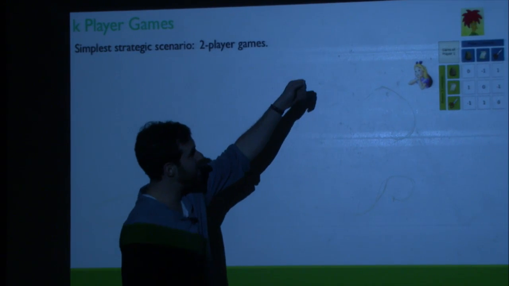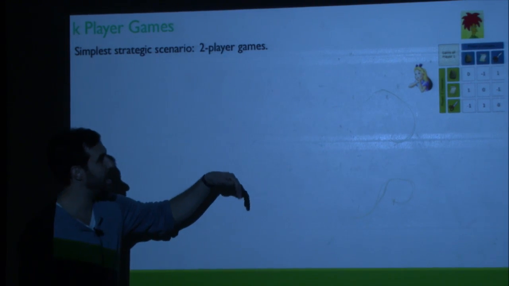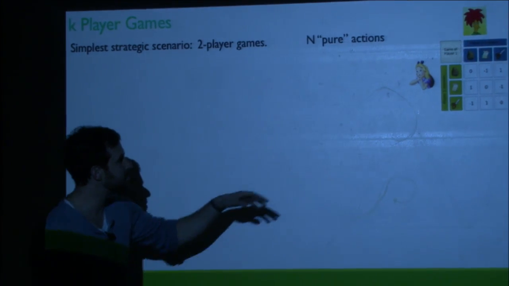or even two-player games, which is the absolutely simplest strategic scenario one can imagine. So a two-player game is just a game like rock, paper, scissors, or a two-bidder auction on eBay. In this game, two protagonists, Alice and Bob, are playing a game. Each of them has a set of n possible pure actions, so to speak.